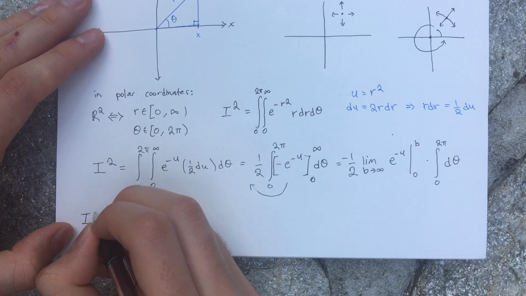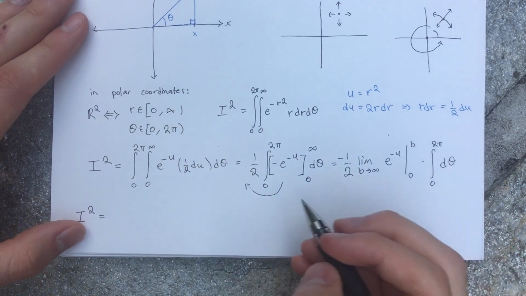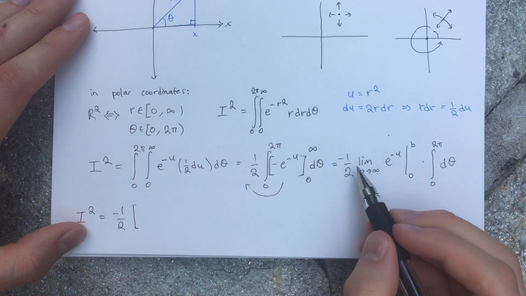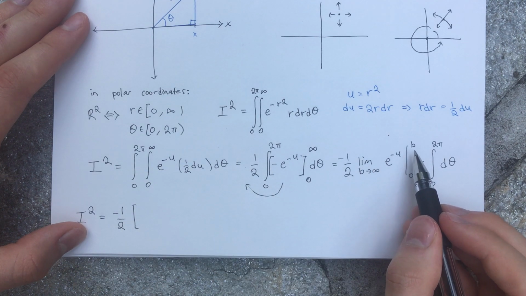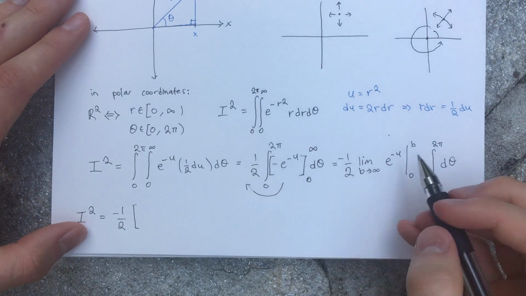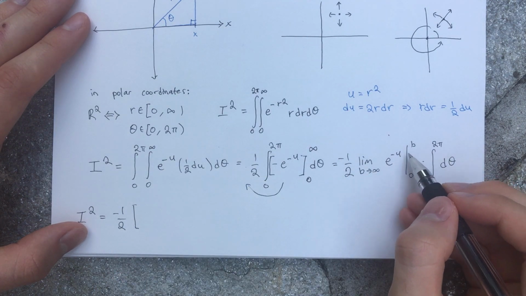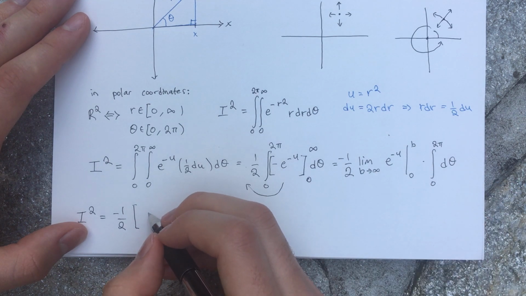We'll get I squared is equal to negative 1/2. Here we'll get, sorry, that should be 0. As b approaches infinity, e to the minus b, that approaches 0.